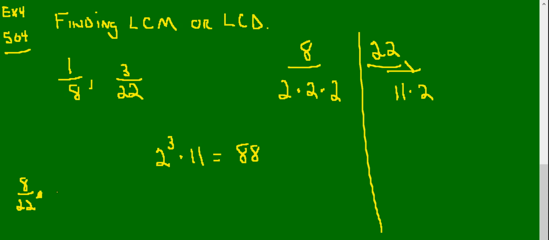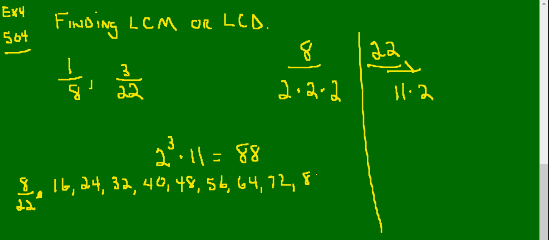So it would be kind of like this: 8, 16, 24, 32, what's next? 40, 48, 56, 64, 72, 80, 88. Now, how about one more? 96. The problem with this way is you don't know how far to go. How far do you go before you get a match?